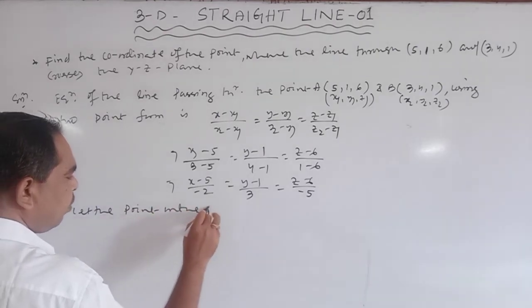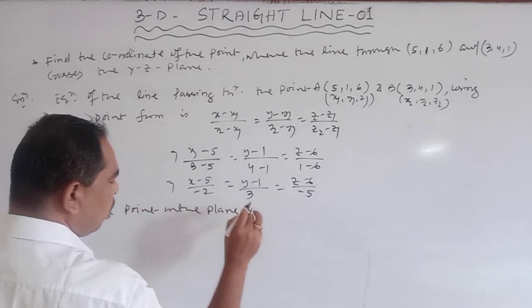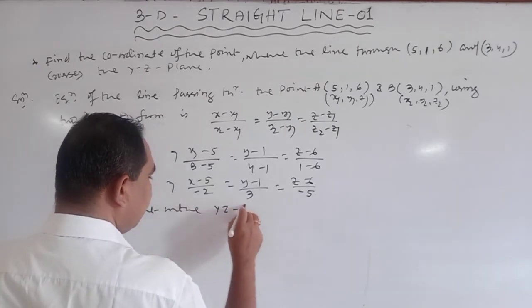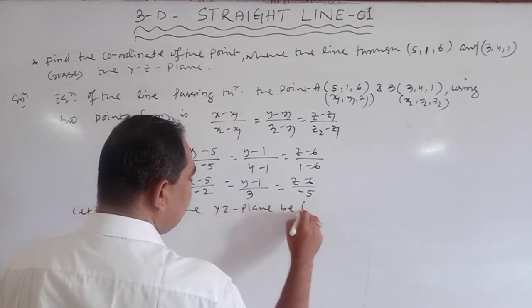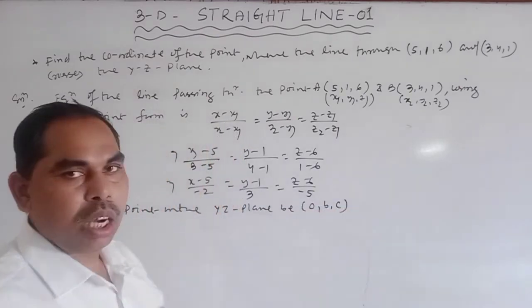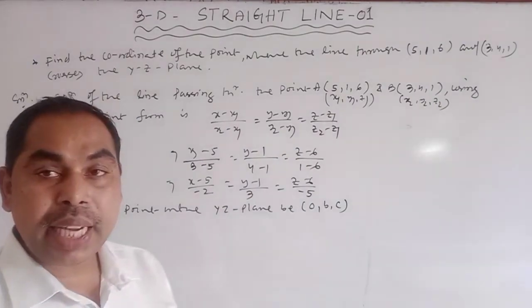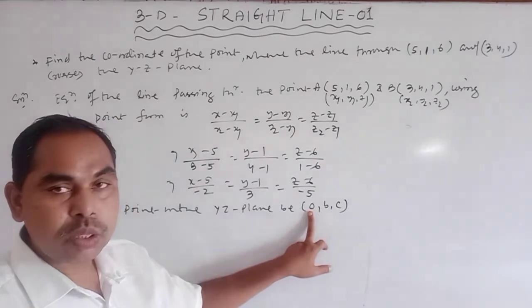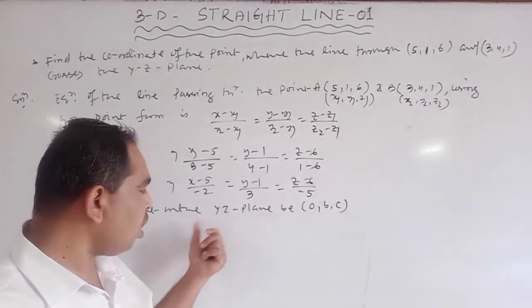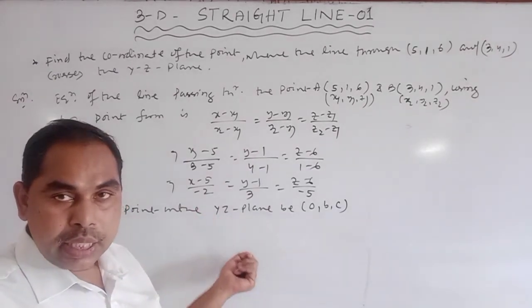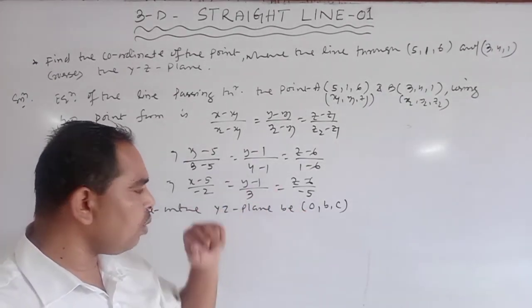Let the point on the yz plane be 0, b, c, because on the yz plane the x coordinate is 0, therefore we can take the x coordinate as 0. Let the point on the yz plane be 0, b, c, and this point satisfies the given equation of the line.